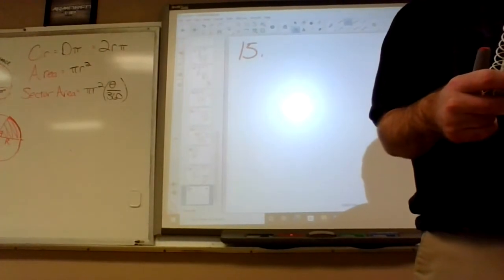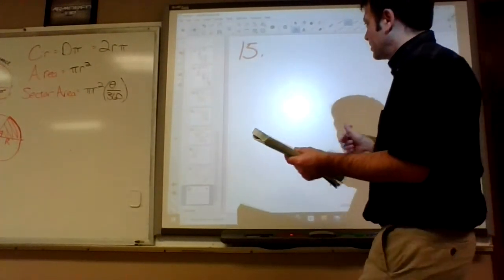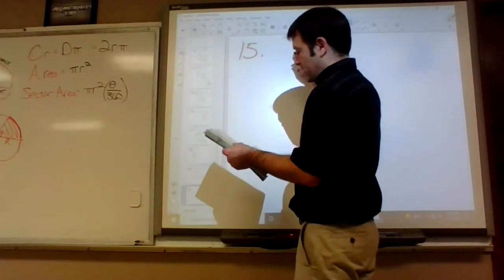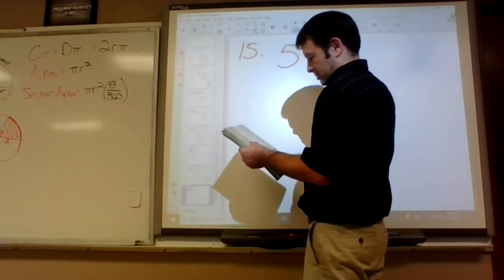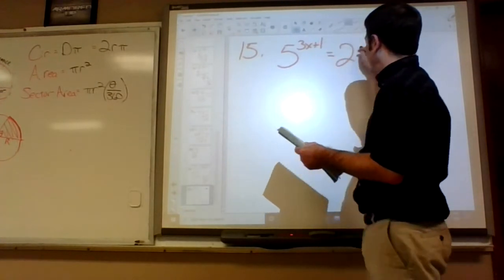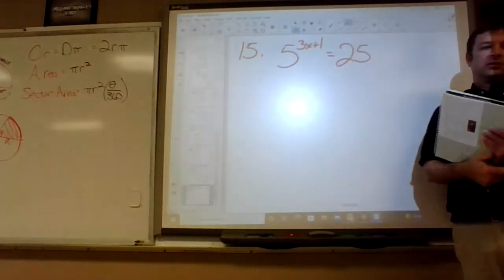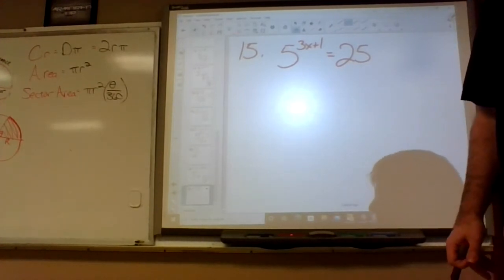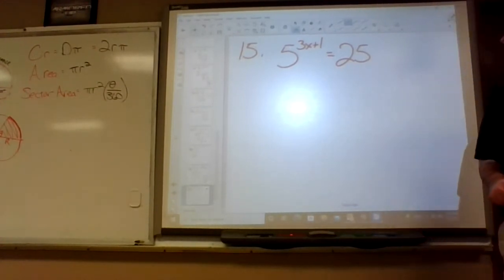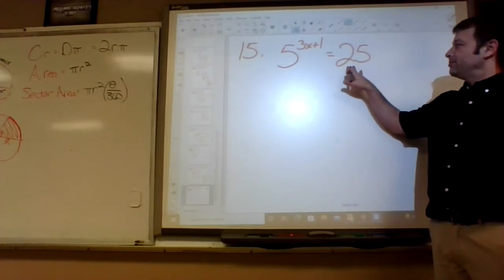Number 15. 5 to the 3x plus 1 equals 25. You guys remember what I did on the last problem? Yeah, I made them have the same base.